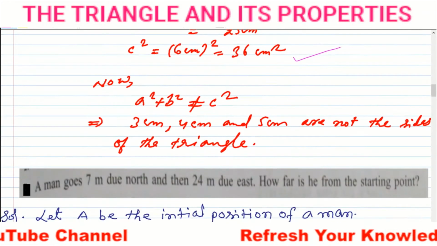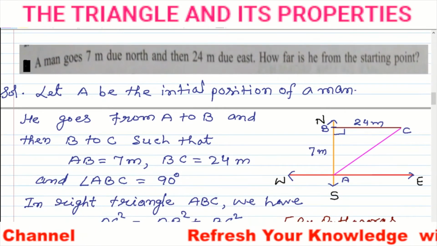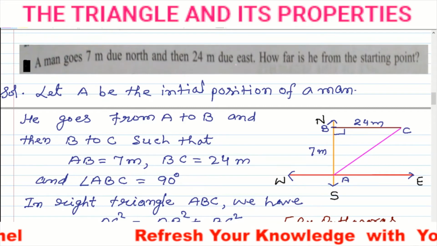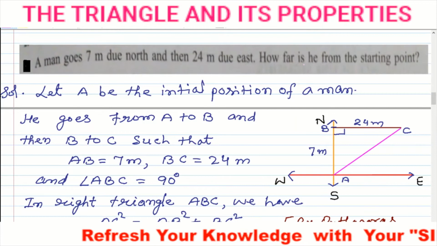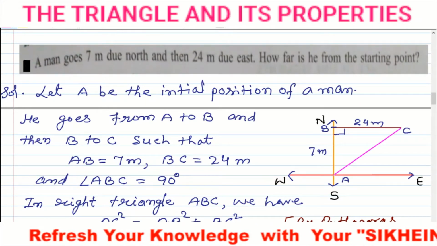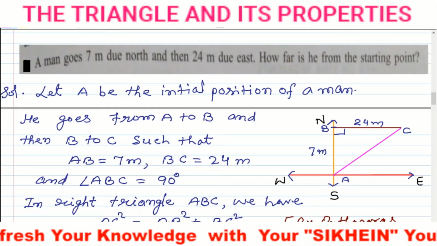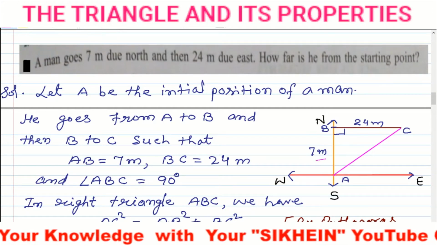The next question you will see. A man goes 7 meter due north and then 24 meter due east. How far is he from the starting point? Suppose A is the starting point here. He goes north, that is 7 meter, right?